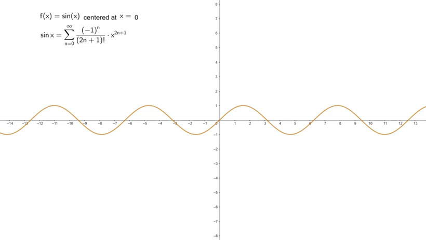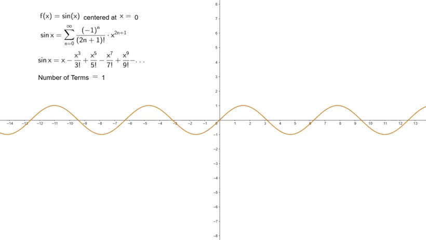And we also know that its expansion is x minus x cubed by 3 factorial plus x to the power of 5 by 5 factorial minus x to the power of 7 by 7 factorial, and so on. When we plot this polynomial term by term, what happens?